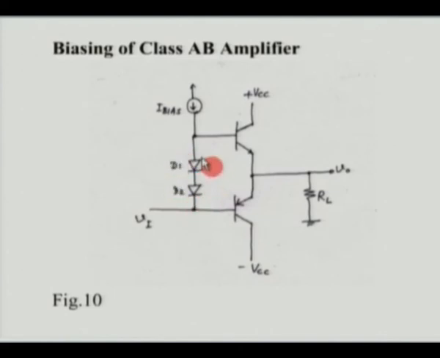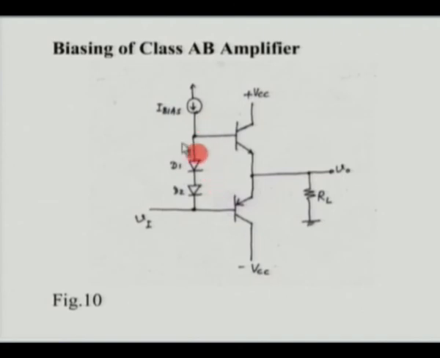These days you get matched diodes or transistors in arrays, which could be used for this purpose, but this kind of biasing is easily done in an IC. Here you first decide what voltage you need here to be just at the threshold, and accordingly you choose a bias current.